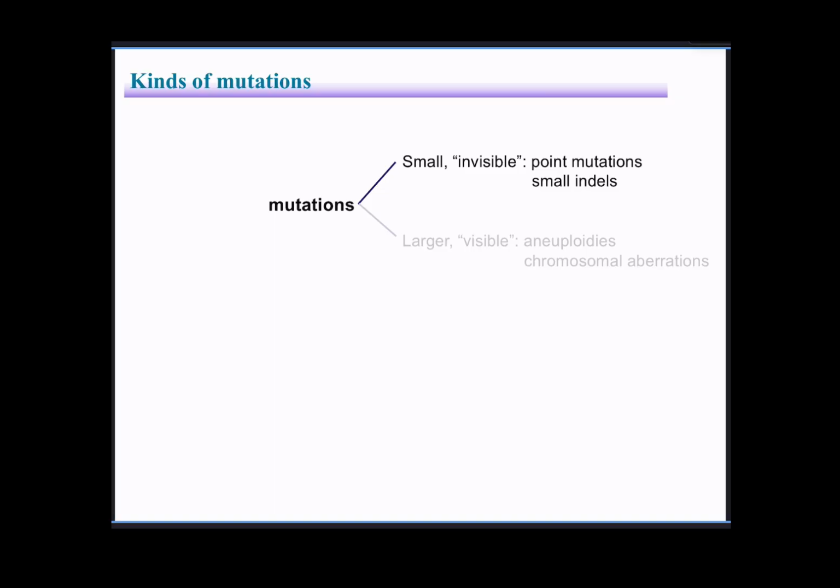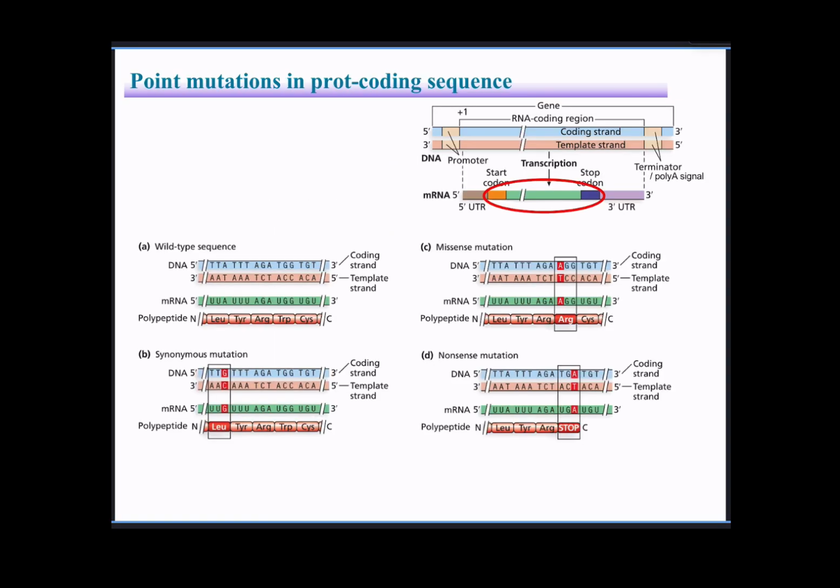If you remember, we tend to classify mutations in two very broad categories. The small invisible mutations: point mutations that change the identity of a nucleotide in DNA, or small indels, for insertions or deletions, that may change a very small number of nucleotides in a DNA sequence. And we discussed that when those happen, let me take a step back.